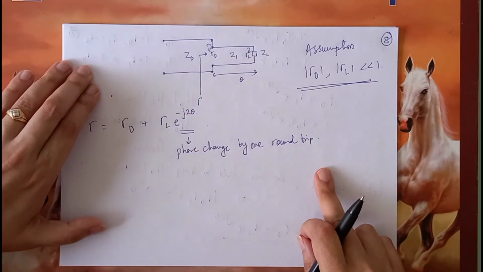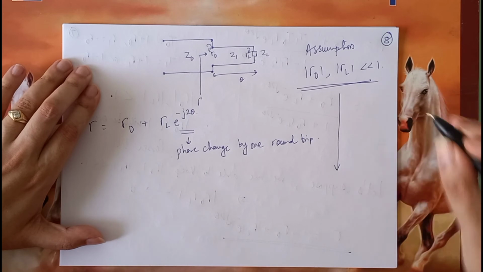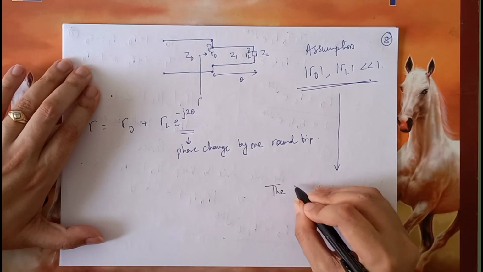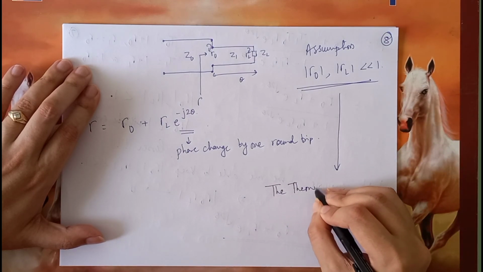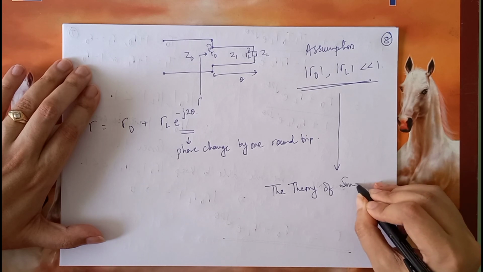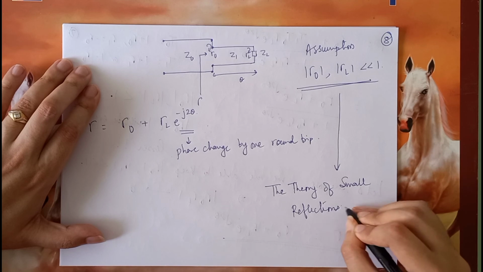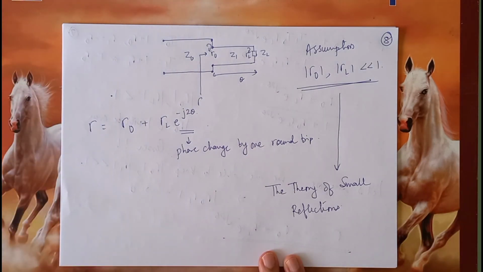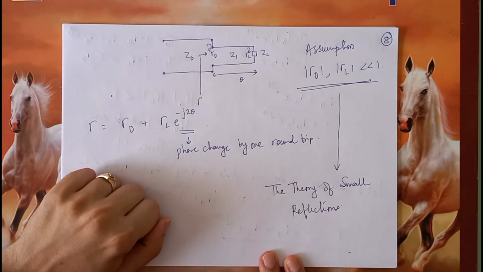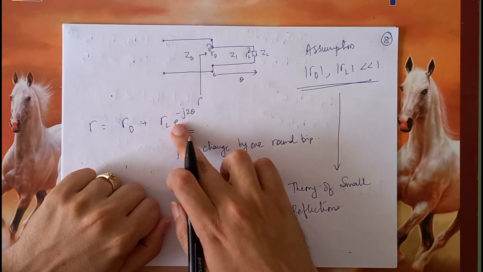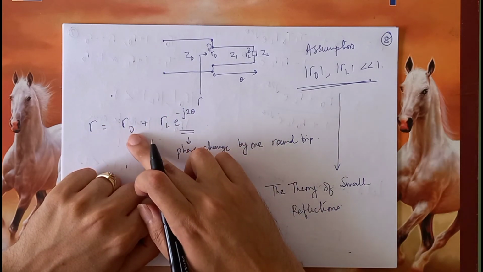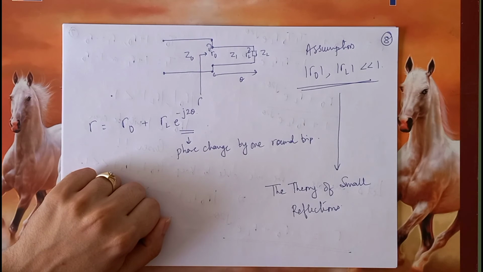So this gives rise to a new theory, and that is called the theory of small reflections. Okay, so just by applying this, we can say that gamma is equal to this more simplified expression.